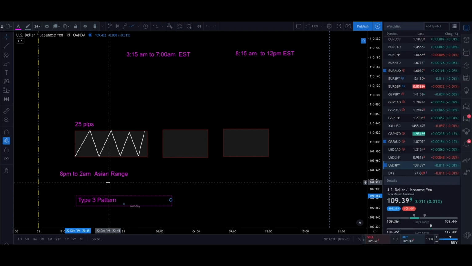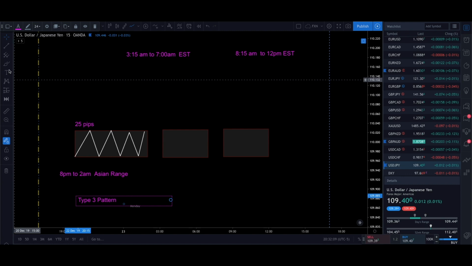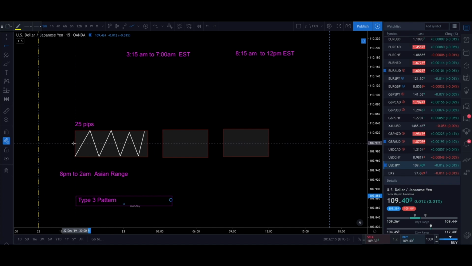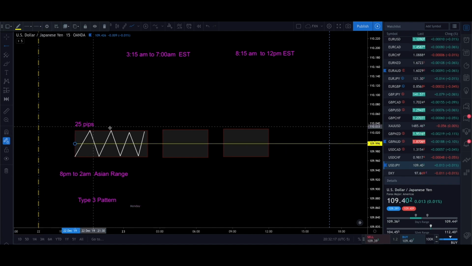So what is a type 3 pattern? Type 3 patterns are pretty simple. It's basically a pattern that gets stuck in the middle of the range. I've gone ahead and put a line through the middle so you can see what I'm talking about.